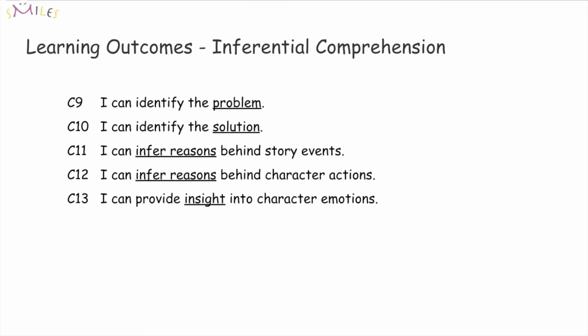C9 and 10 require students to think through the events and identify the problem and its solution. 11 through 13 require students to think beyond the events and the state of the characters to infer reasons for these events, for the characters' actions, and to develop insight into character emotions.